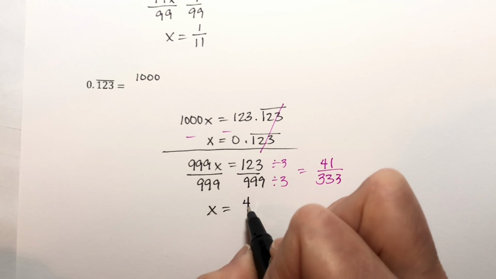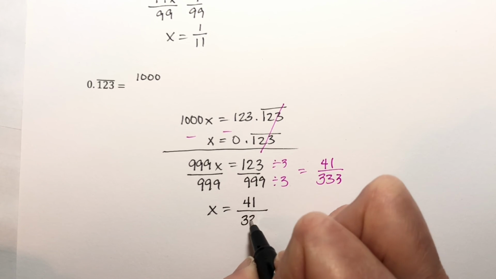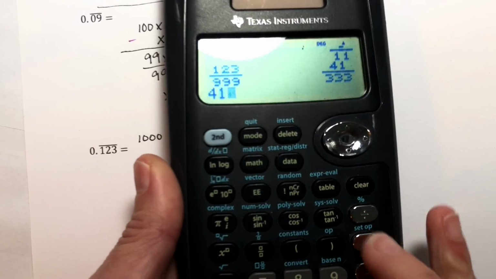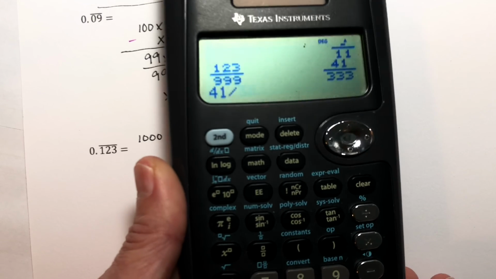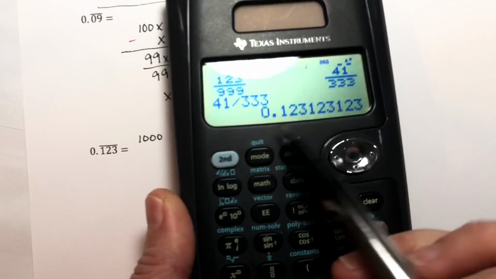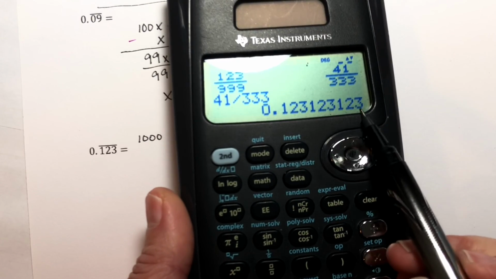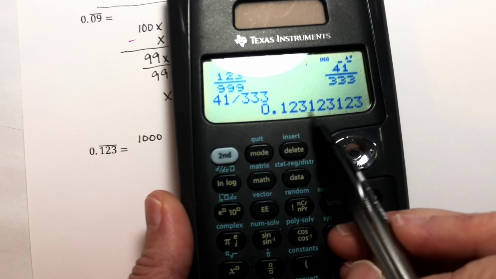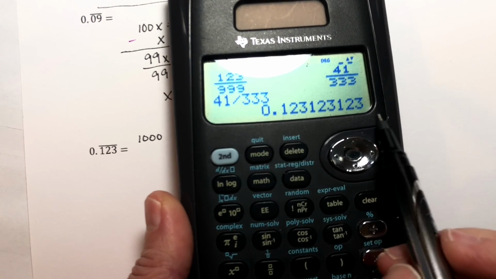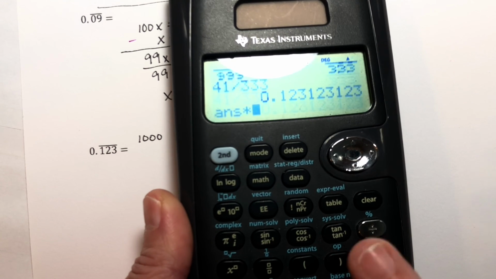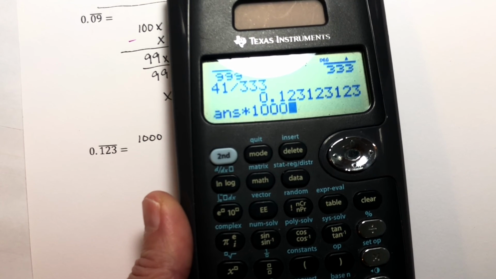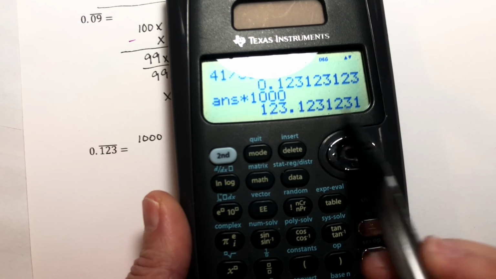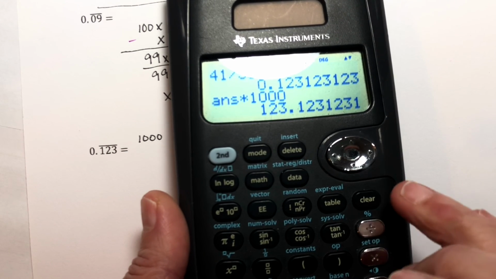So 41 over 333 should work. Let's check it out. 41 divided by 333 gives me 0.123, and it repeats. So that is my answer. And if you're curious, now that I have it as a repeating decimal in here, if you multiply this by 1,000, the 123 moves in front, and you still have 123 repeating. Okay, that's it.